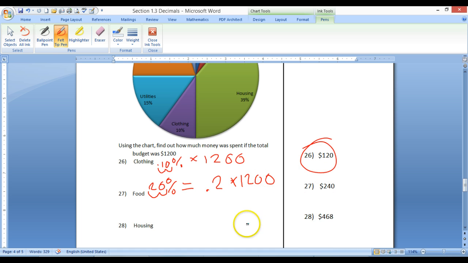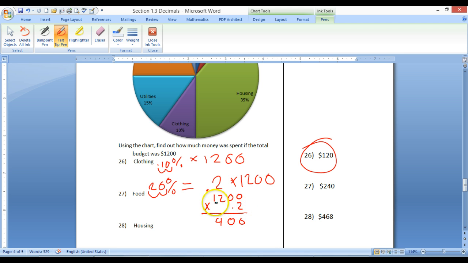So now I'm going to write it out: 1,200 times 0.2 so that it looks nice. Okay, 2 times 0 is 0. 2 times 0 again is still 0. 2 times 2 is 4.